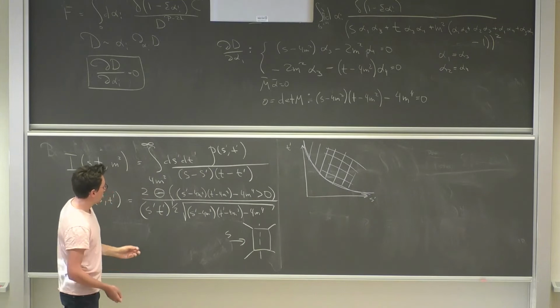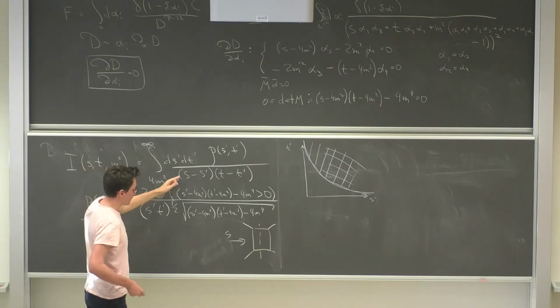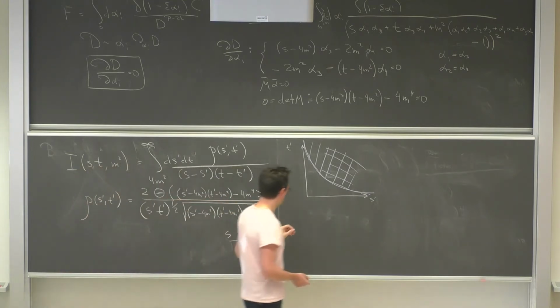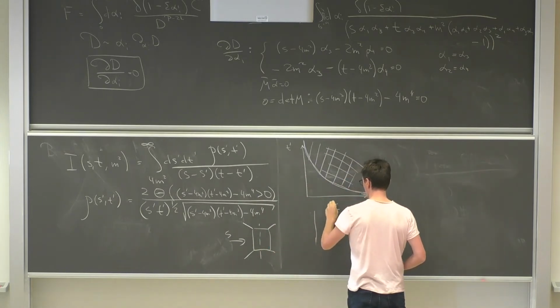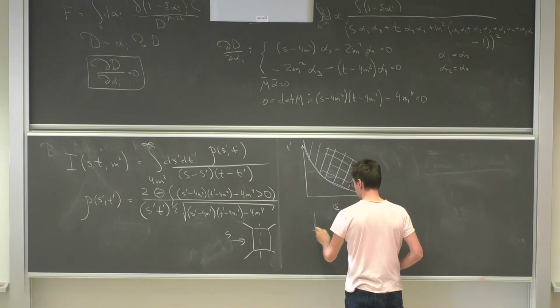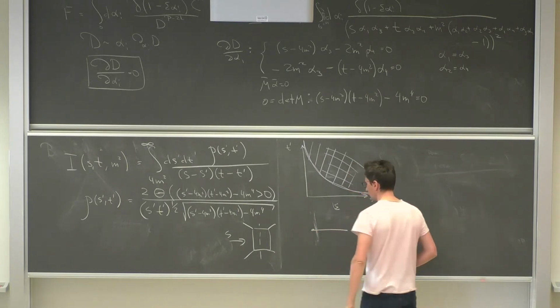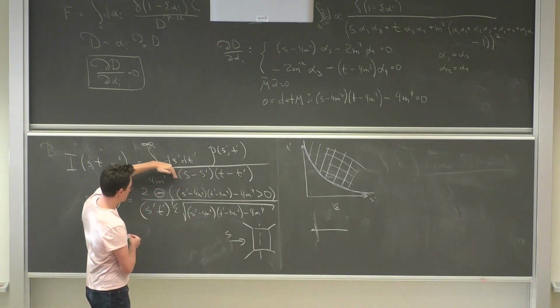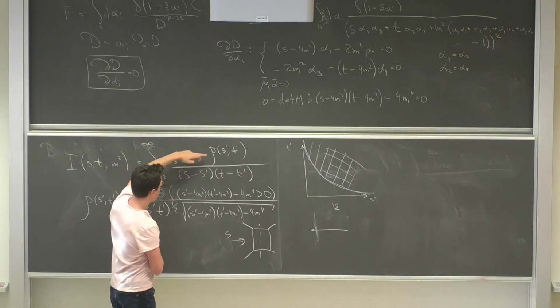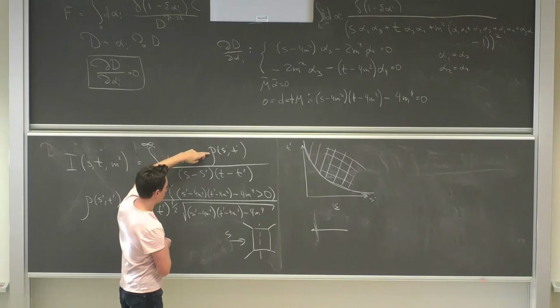Now, let's say we want to understand the analytic structure in S. Well, you see that as you approach 4m squared, rho has a support.